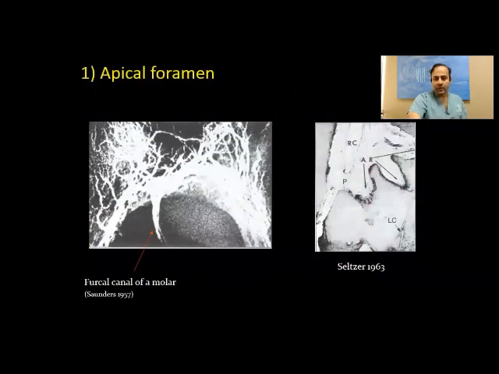So to briefly touch base on the anatomy and microscopic anatomy of such communications, the major one is obviously the apical foramen. This is the most direct route of communication between the pulp and periodontium, and it's the port of exit for bacterial and inflammatory byproducts that may exit the apical foramen and cause the periapical pathosis.